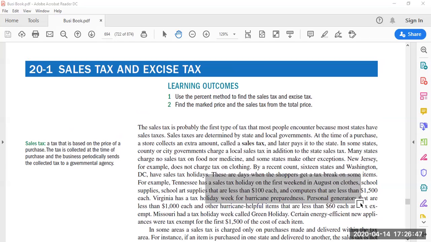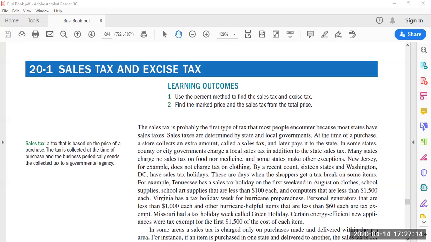What that would mean is, if you go in and purchase those particular products that qualify, then for that period of time, you will not pay a sales tax on it. If you buy those same products outside of that specified time, then you'll be charged a regular sales tax. So some states, not all, have this sales tax holiday.